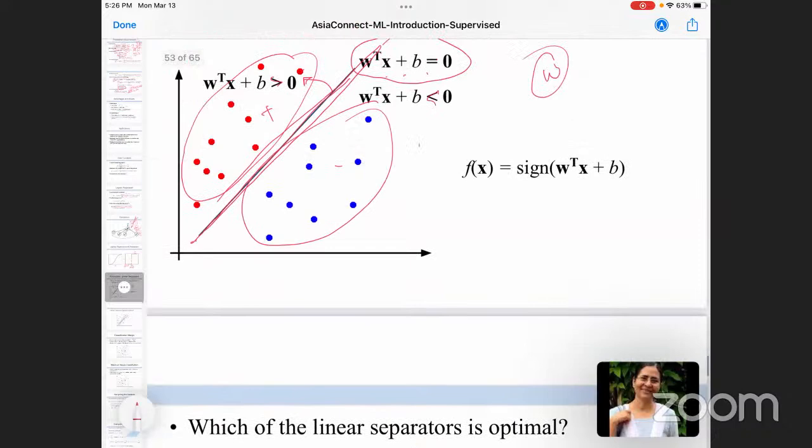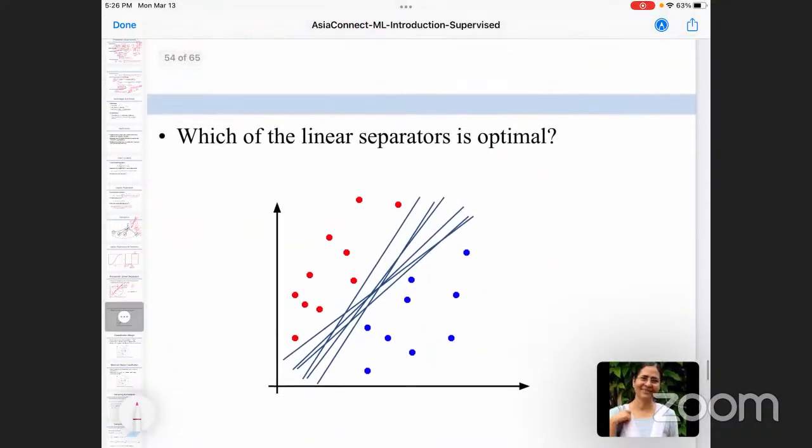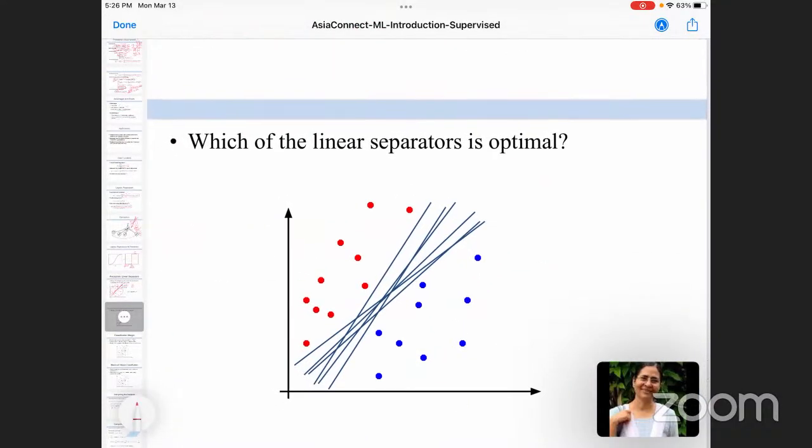There can be many separating lines. So you can see here, we have two sets of examples, but many lines can separate them. This line can separate, this line can also separate. But which one is optimal? Which one is the best line? That is where the support vector machine comes in. It is not sufficient to find just a separating line.